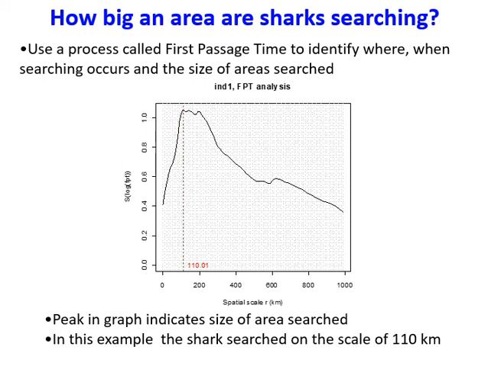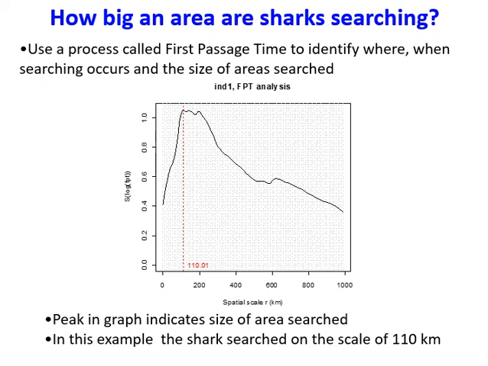basically of how long it takes them to move out of this circle of a certain size. If they're searching, it'll take a long time for them to get out of this circle. They're not going to get out of that circle very quickly because they're going around and around. If they're going straight, of course they're going to leave this circle pretty quickly.